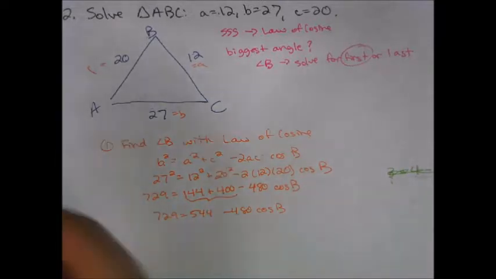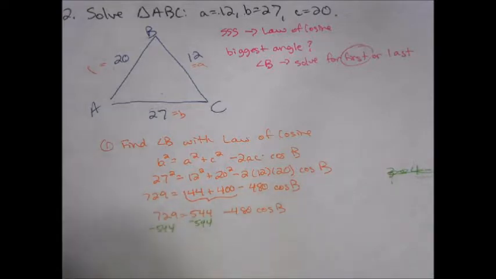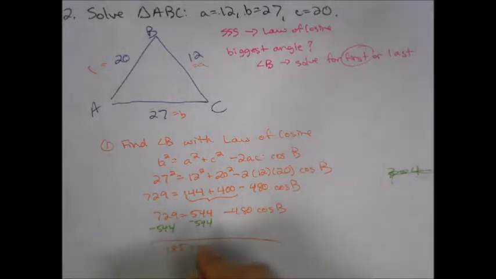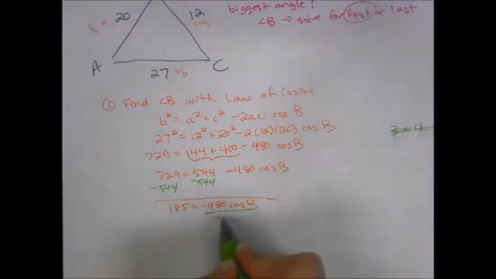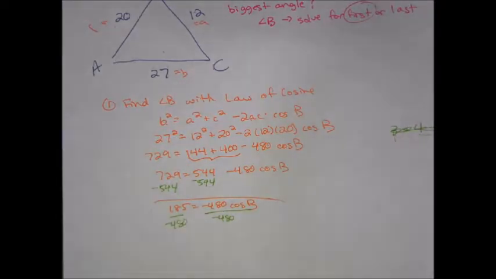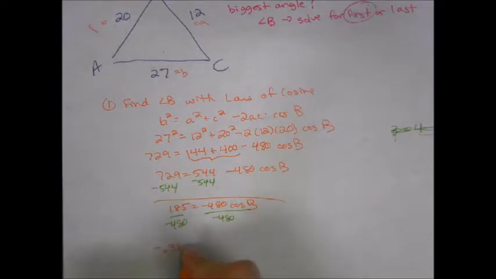Let's subtract 544. Now we can move this by dividing by negative 480. I get negative 0.4 decimals.